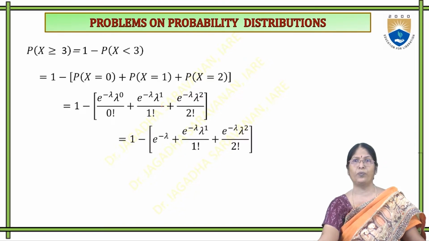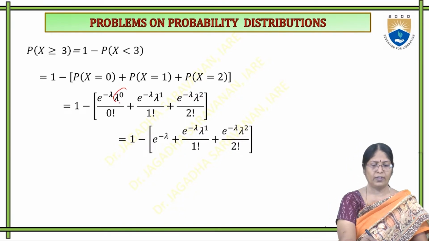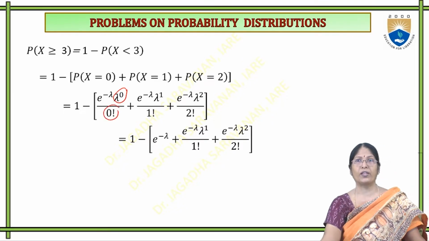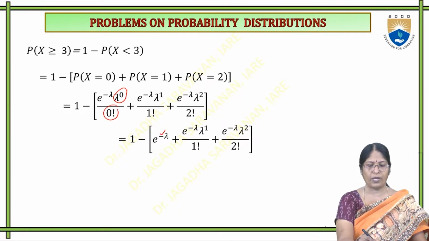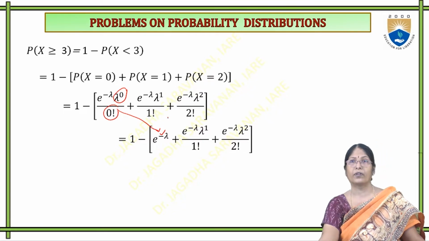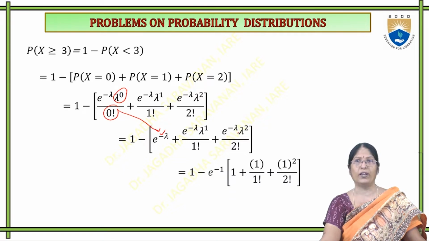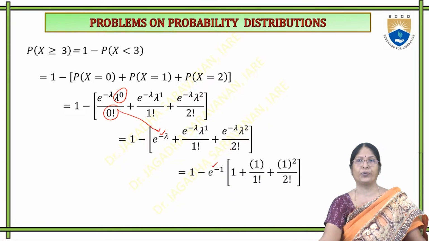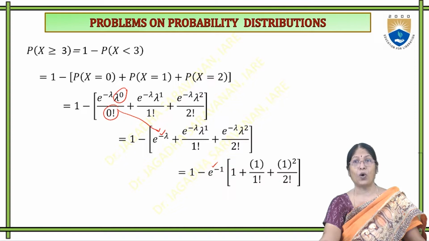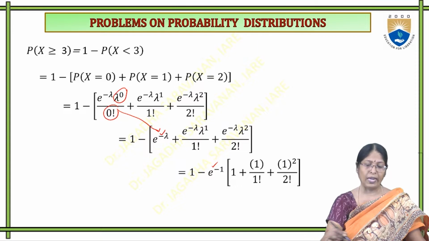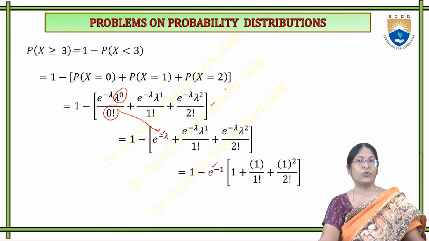You can see it now. 1 minus, this value is 1, and 0 factorial is 1, so this term has become like this. We take out e power minus lambda, which is common, and substitute lambda as 1. Otherwise, substituting lambda in this step is also correct; any way we can do it, obeying the mathematical laws.